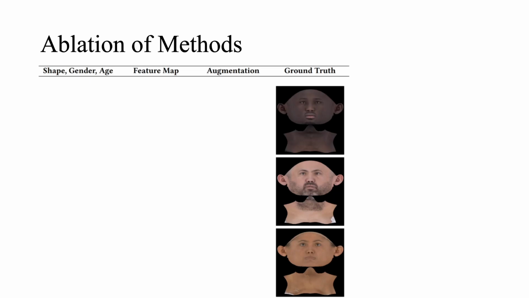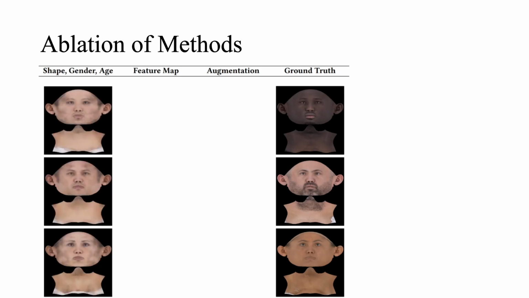In order to understand the importance of each of our conditions, we do an ablation study of our proposed methods. On the right is the ground truth texture of the test sample we want our network to generate. Starting with training the network only on the face shape and demographic conditions, we see that the results are not very realistic since the appearances are not consistent throughout.